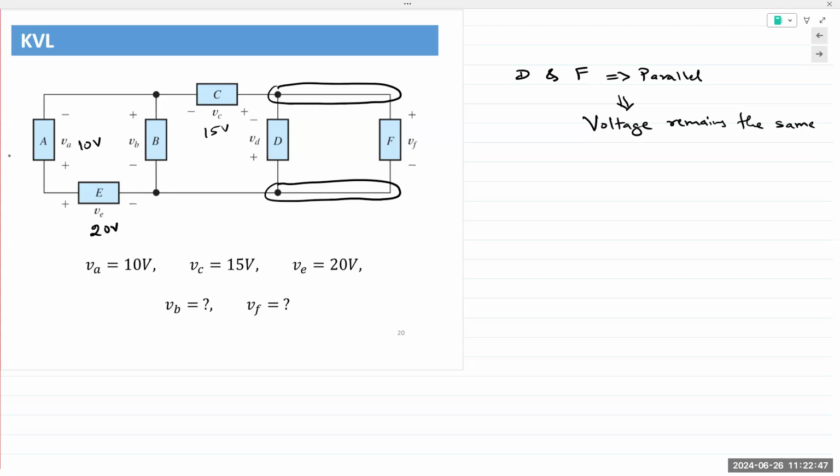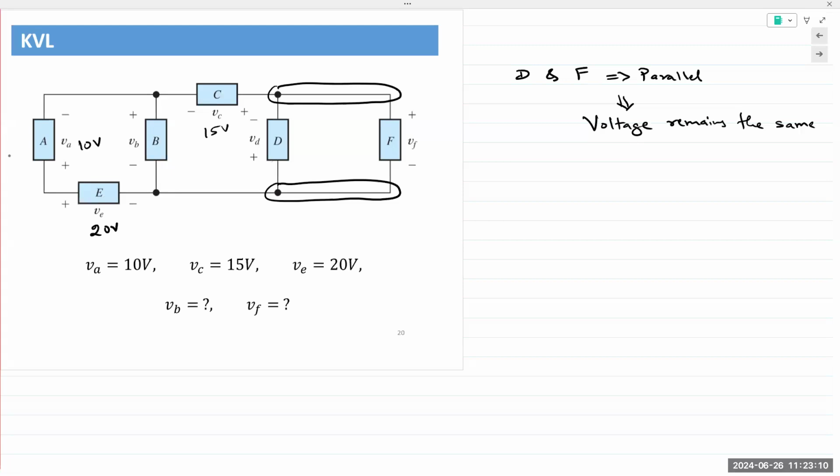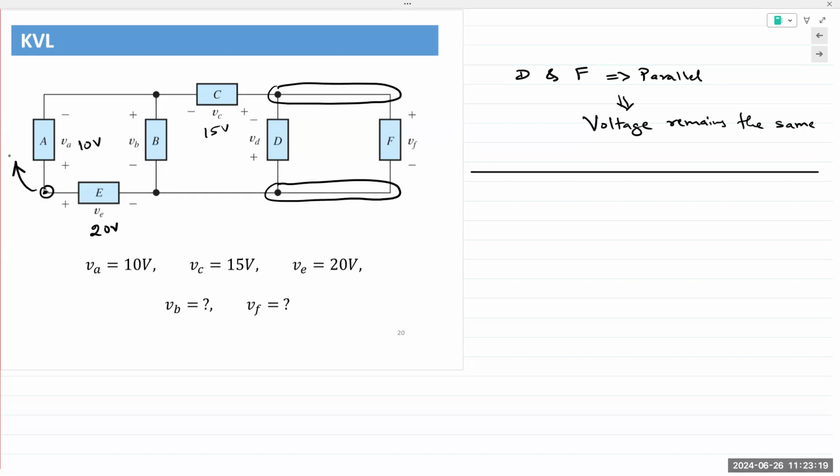So if I was to apply KVL and I wish to find VB, let's say VB is in this loop and is also in this loop, to the left as well as to the right of B, right? So let's first find VB, then we can find VD and VF. I will start at the bottom left corner of this loop, and I will sum up the voltages in a clockwise direction.